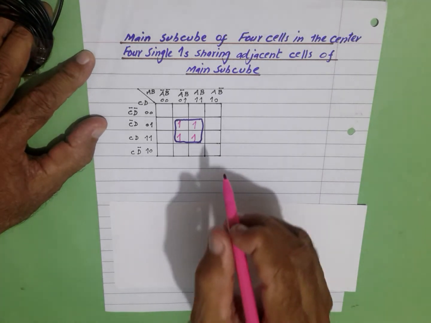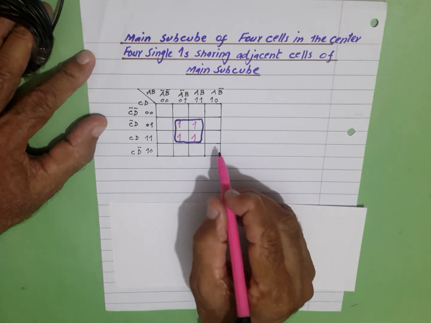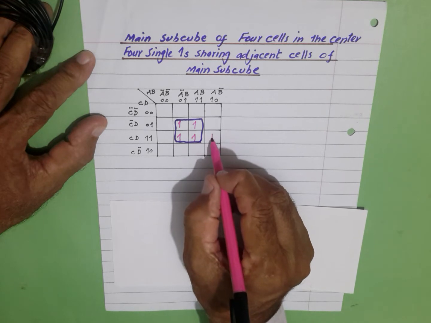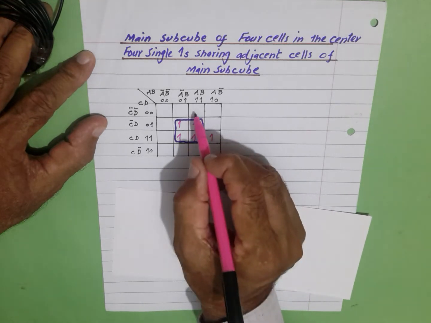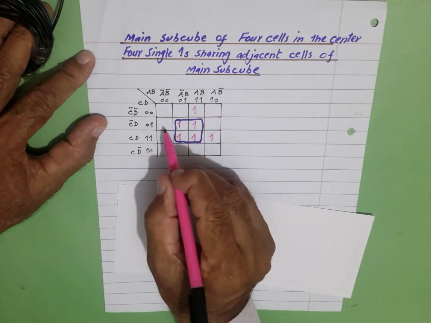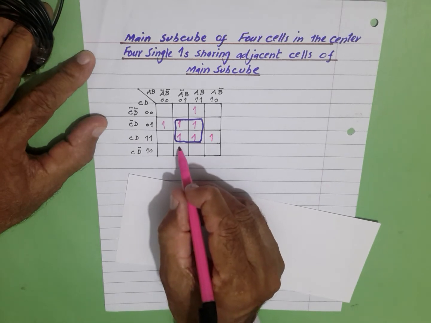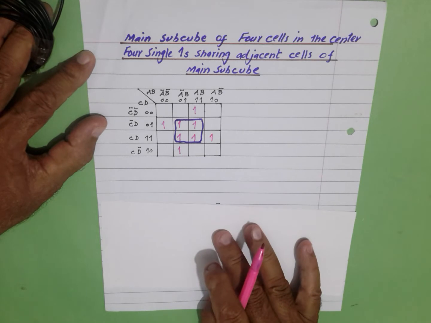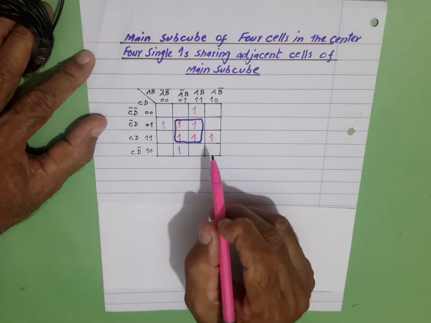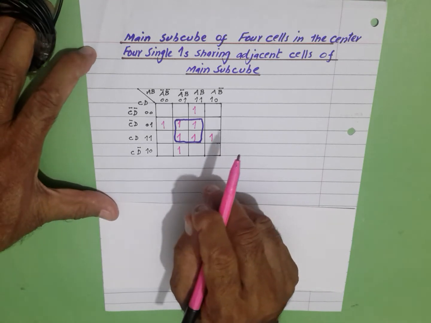Then there are 4 single ones. It is 1 here, it is 1 here, it is 1 here, it is 1 here. These are the single ones, and they can share the cells with the adjacent main cell.